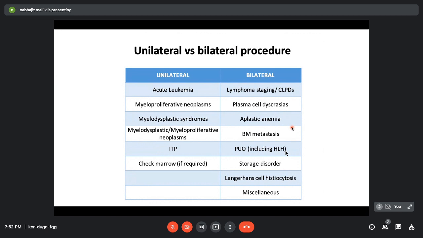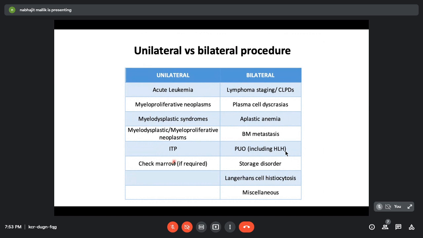On the other hand, for those disorders which involve the whole bone marrow completely, which are basically disorders primarily of the bone marrow, a unilateral bone marrow will do, because anywhere that you access the bone marrow, you can get the disease.